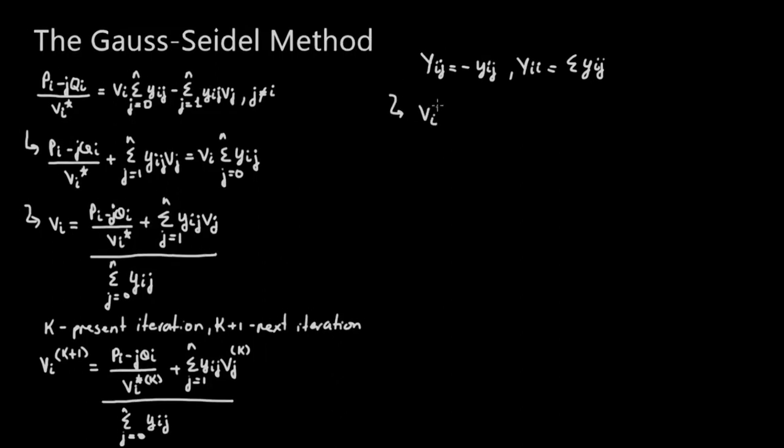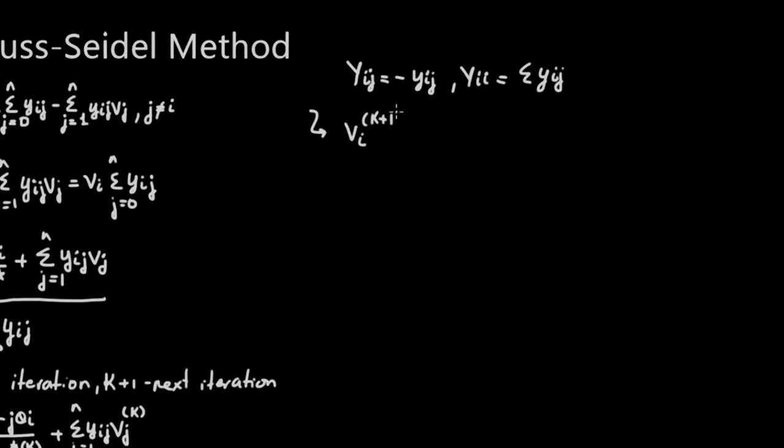Vi of k plus 1 is going to be equal to Pi minus j Qi over Vi conjugate of the present iteration, so of k, minus the summation as j goes from 1 to n of uppercase Yij Vj of k.